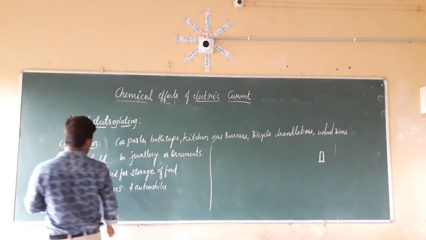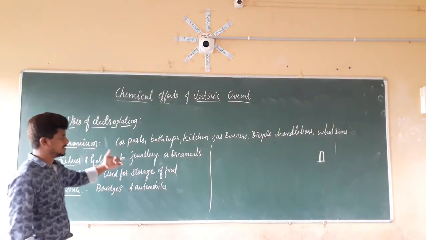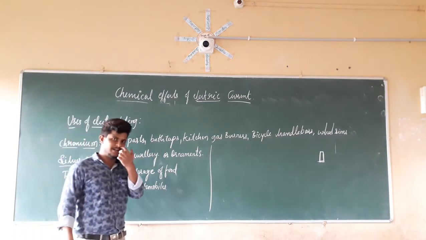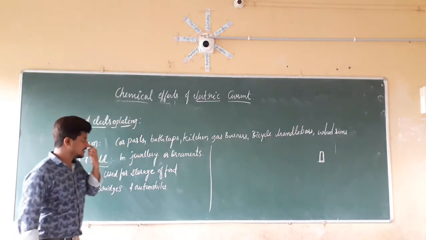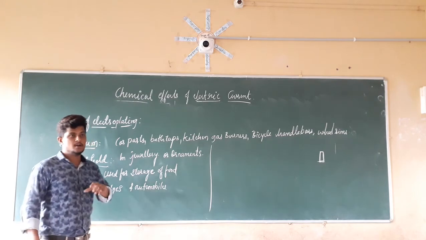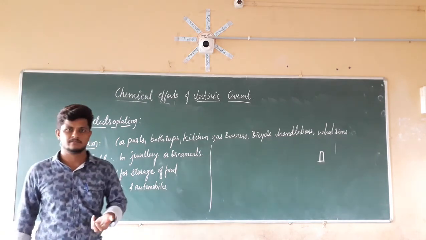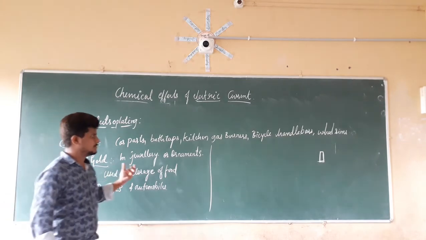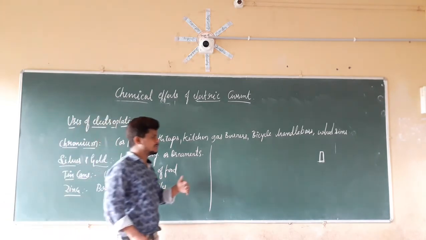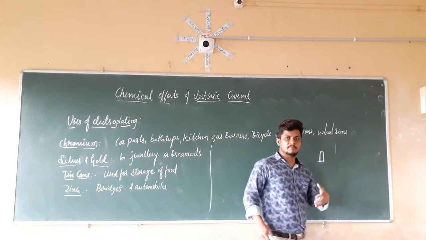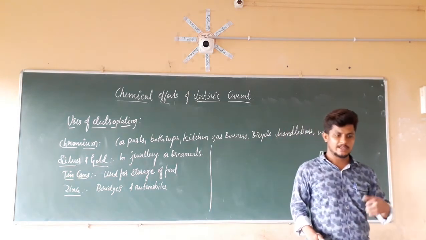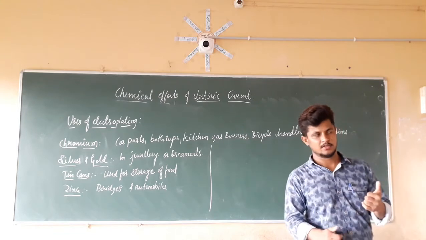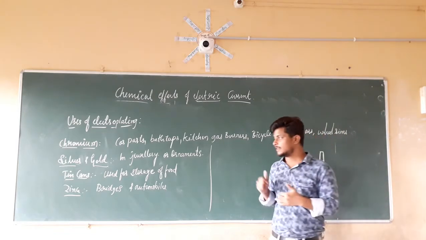We are going to use chromium for the plating of car parts, car tanks, kitchen gas burners, bicycle handlebars, or wheel rims. Chromium is an expensive thing. You can ask the question: why not make the wheel rim from chromium only, why iron with a chromium coating?